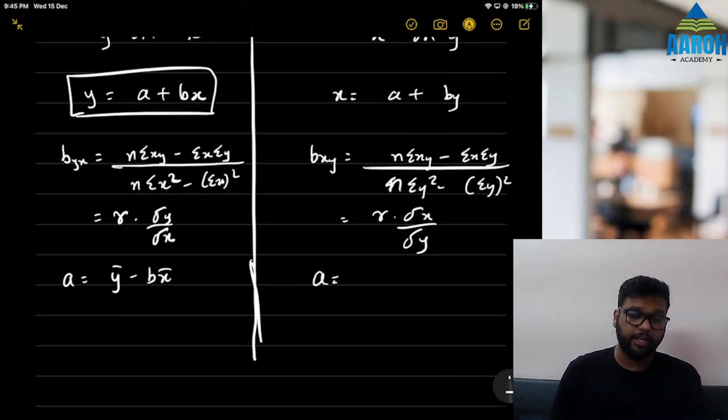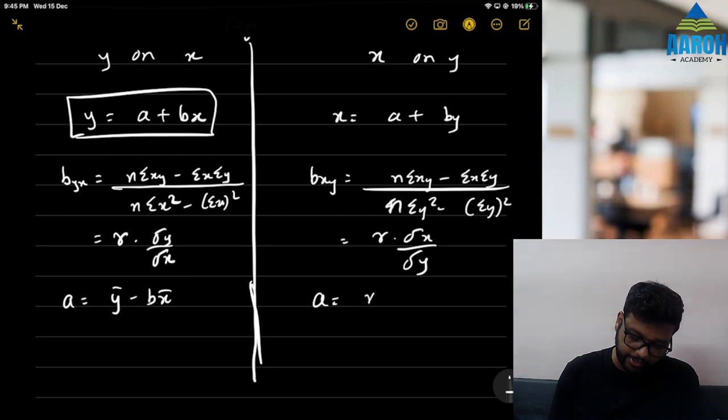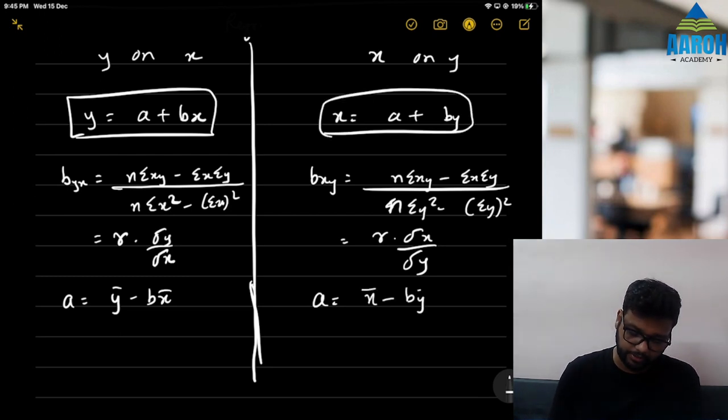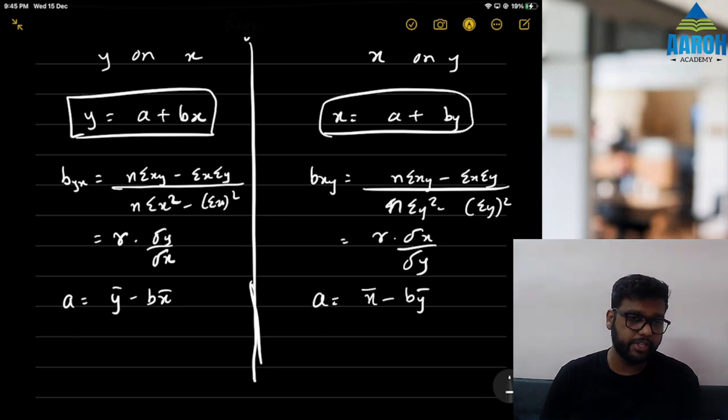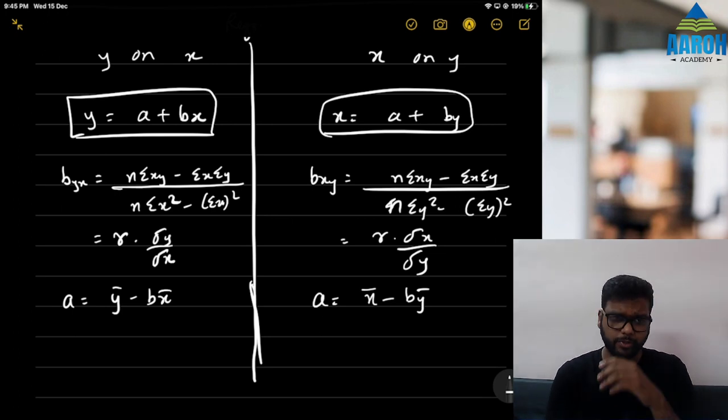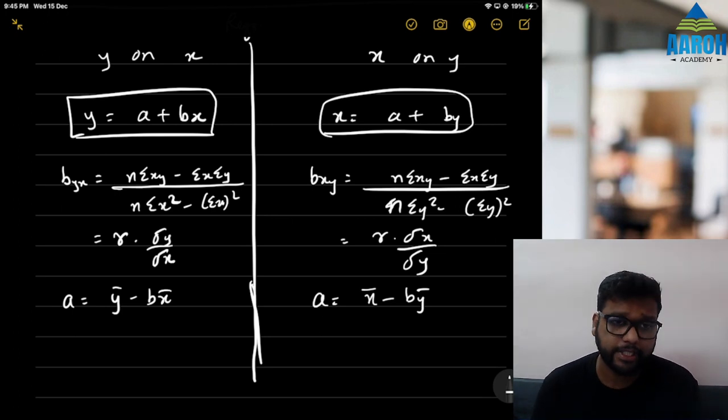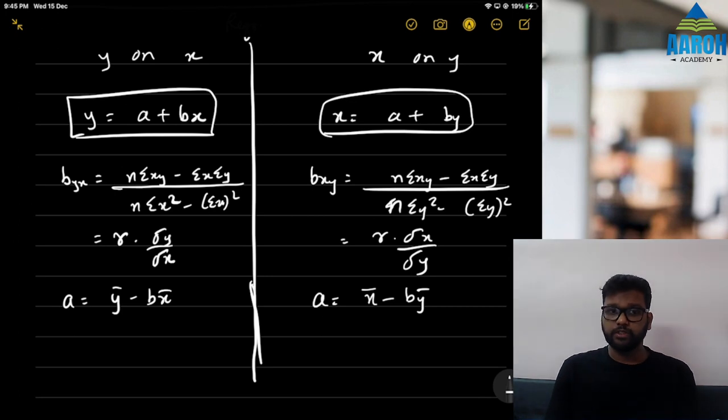And here again a, if you want to calculate, we can calculate it as x bar minus b y bar. So just rearrange this, that's it. Again, it is unlikely that a complete question of regression will come in exam, but still you should know the formulas because they can ask missing figure question or something like that. So that is important.